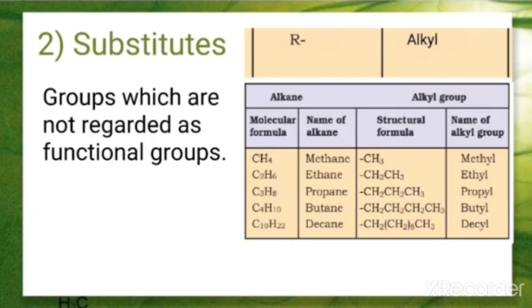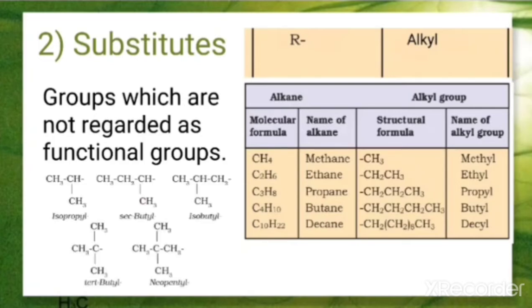So it is very important to note the alkyl group. There are also some complicated alkyl groups, like these branched alkyl groups. If 3 carbons are in the branched form, then it is called isopropyl.